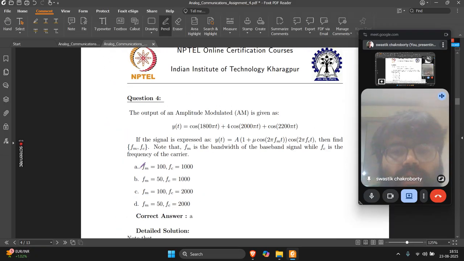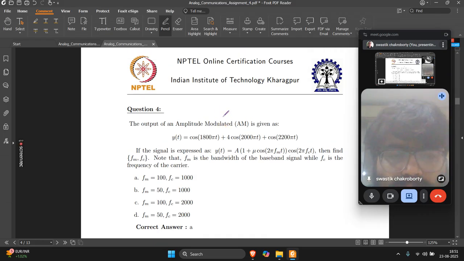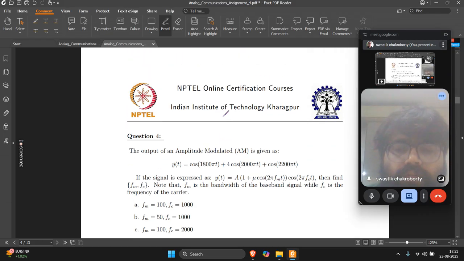Now, the output of an AM signal is this. Here you have to decompose this AM signal into carrier and message parts. There is a carrier signal and a message signal, and they will create one carrier component and two sidebands.